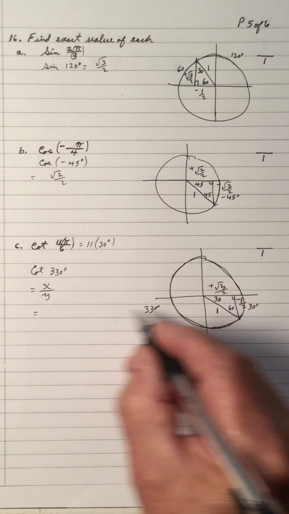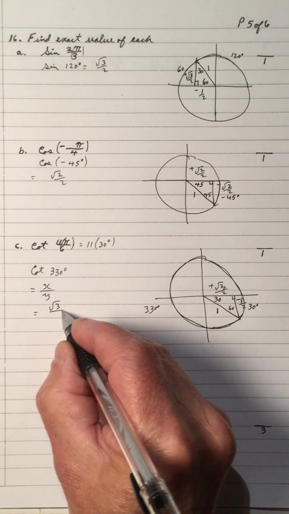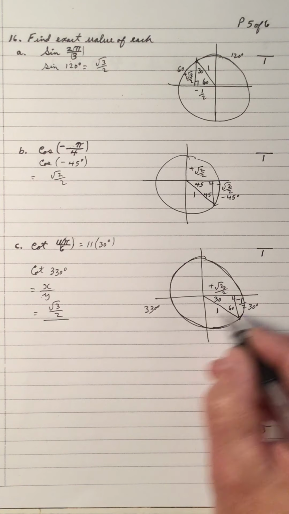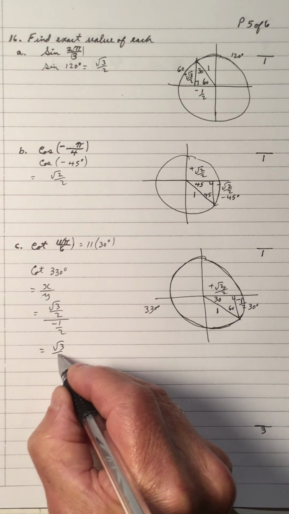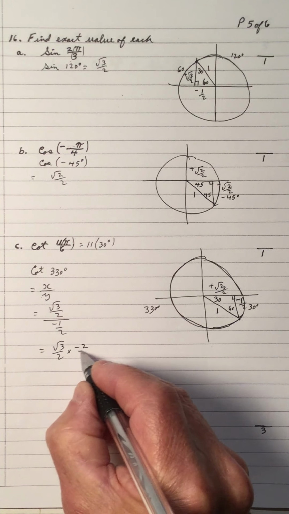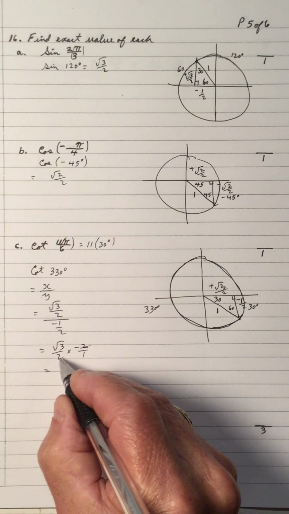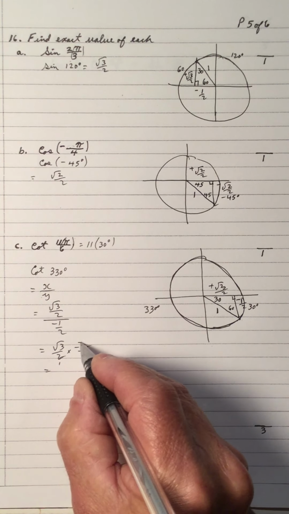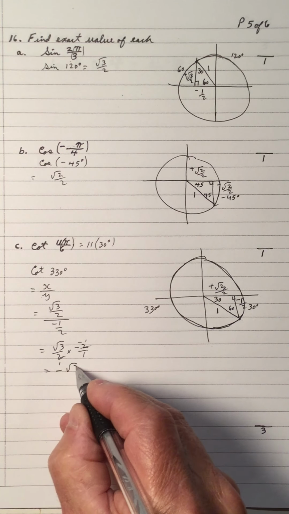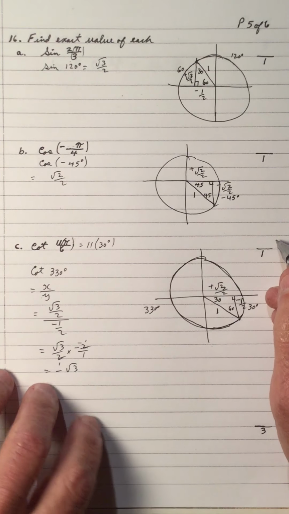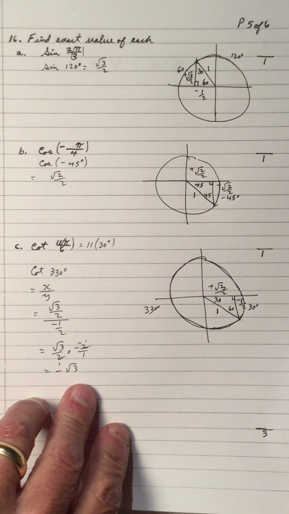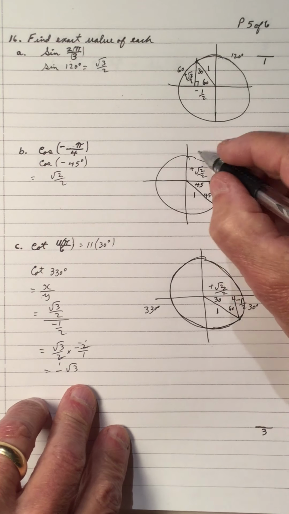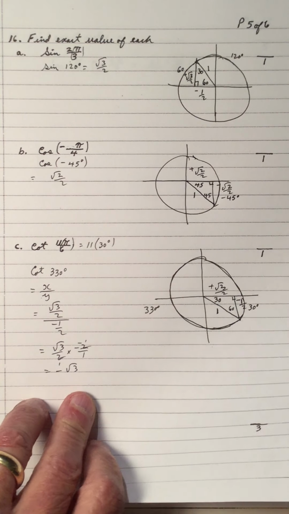So the x is root 3 over 2, and the y is negative a half. So that's root 3 over 2 times negative 2 over 1. The 2's cancel. 1, negative 1, so I got a negative root 3. To get negative root 3, give yourself a mark. 3 for that page. Notice the special right triangles. Notice the quadrant that you end up in is where they're plus or minus. Just be careful.